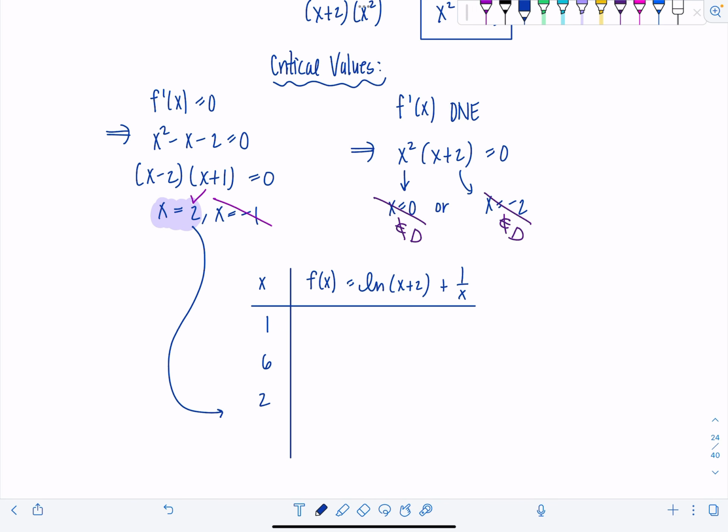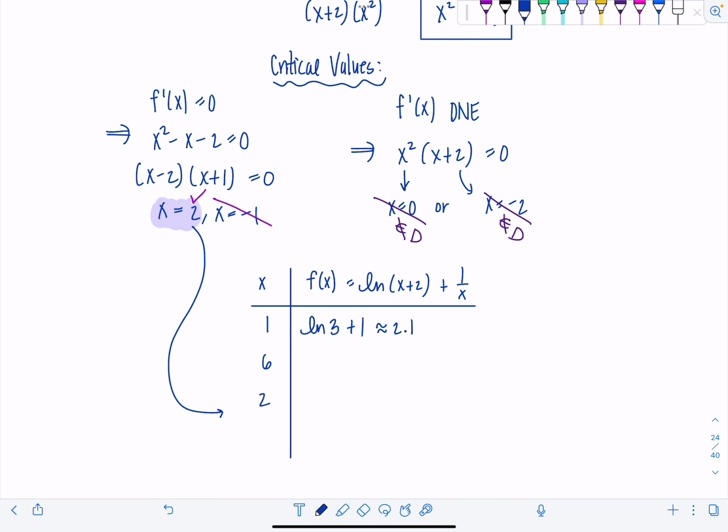So let's see, ln of 1 plus 2, that's ln of 3 plus 1. I don't know if your teacher lets you use a calculator or not. But anyways, just in case, this is about 2.1.